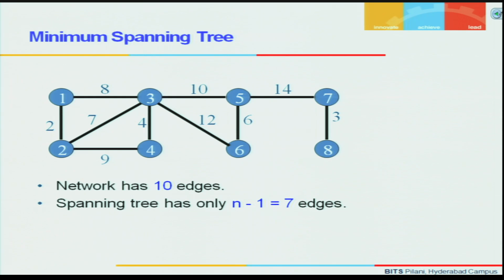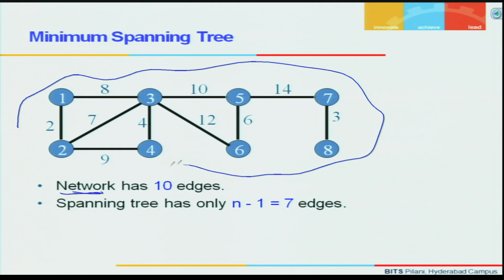Take this particular example, though I called it a network, don't worry, this is actually a graph. This graph has 10 edges. Now I'll ask you one thing. If you have a connected graph, obviously we'll talk about connected graphs only for all the spanning tree business, a spanning tree will have how many edges?